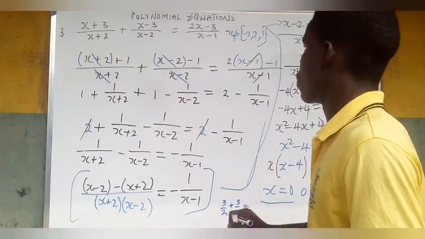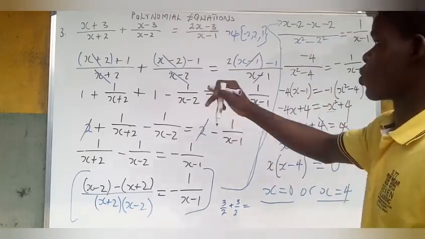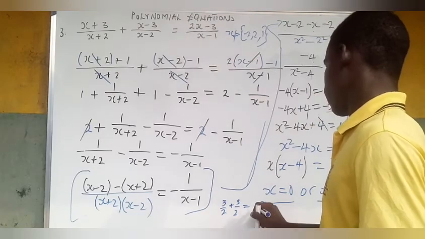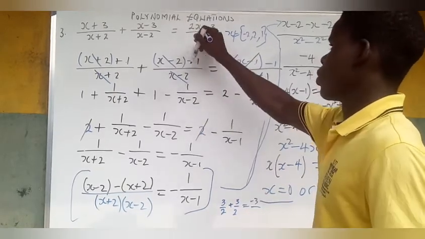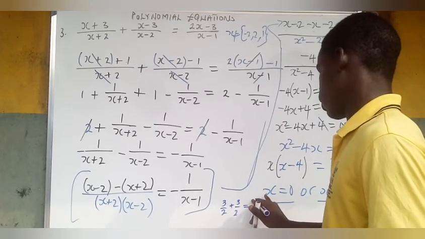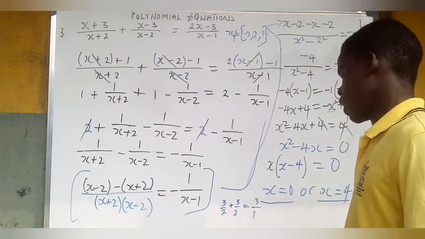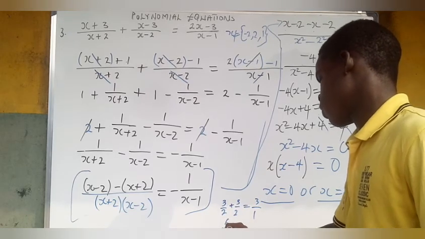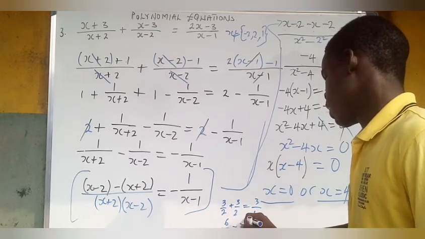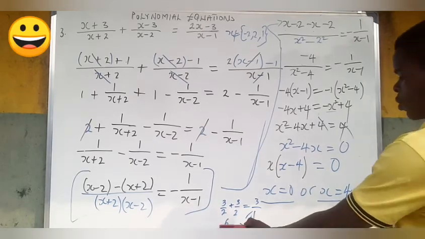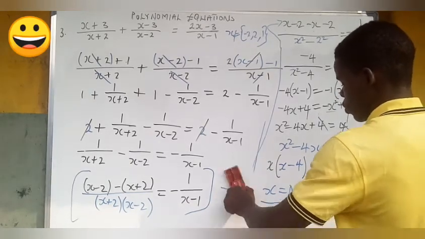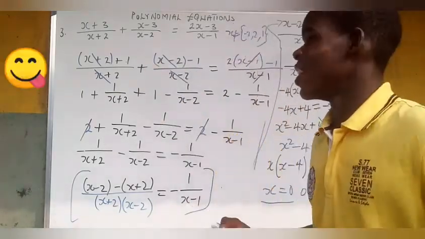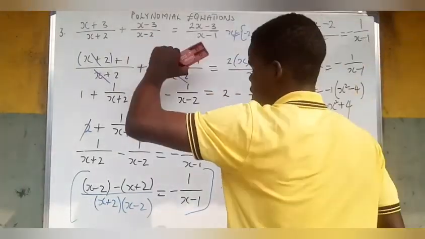On the right, when x is 0, 2 times 0 is 0, negative 3 over negative 1, that is 3 over 1, that's 3. Looking at this, 3 plus 3 is 6, 6 over 2 is 3, and that satisfies it. That is when x is 0. Now when x is 4, you can also do that for yourself. You will see that the left hand side and the right hand side will be the same.